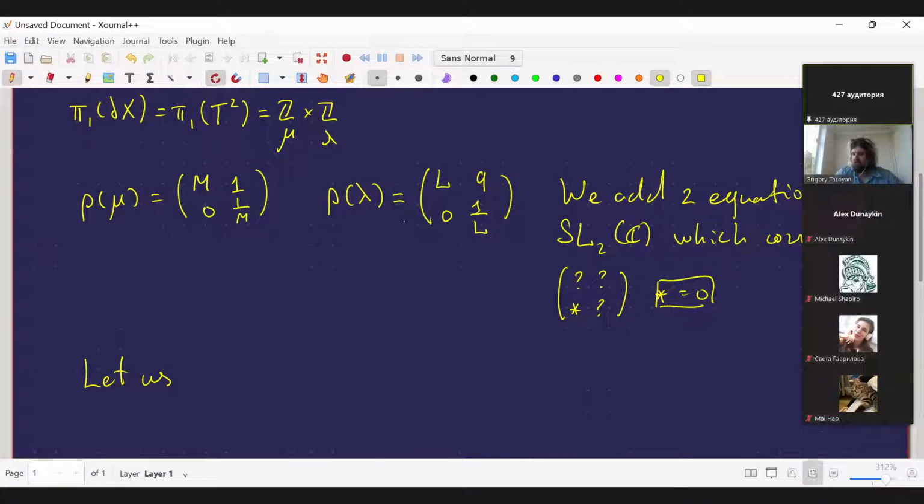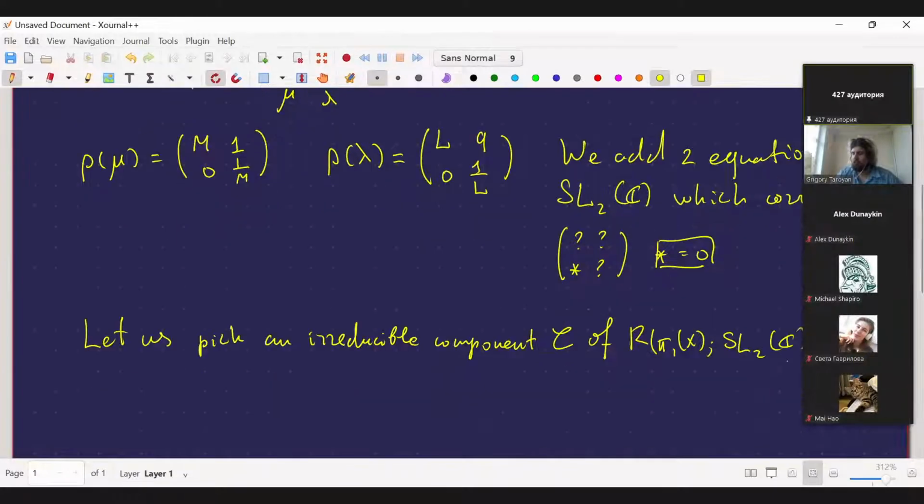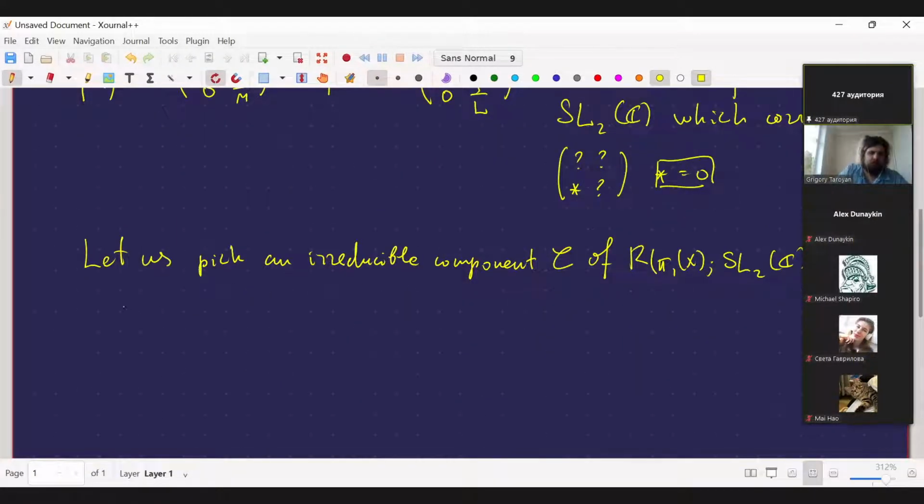Okay, so let us speak of an irreducible component C curly of this variety. Then we have a holomorphic map from C curly to C, which is given by the following map.